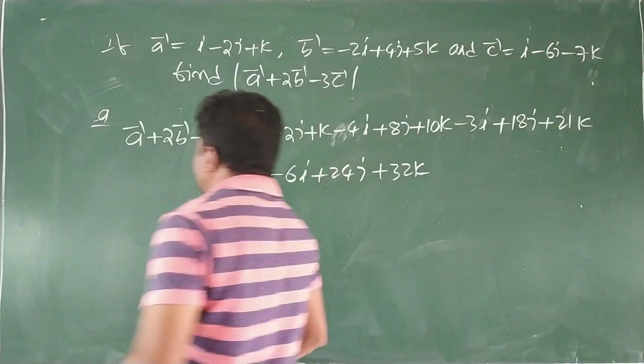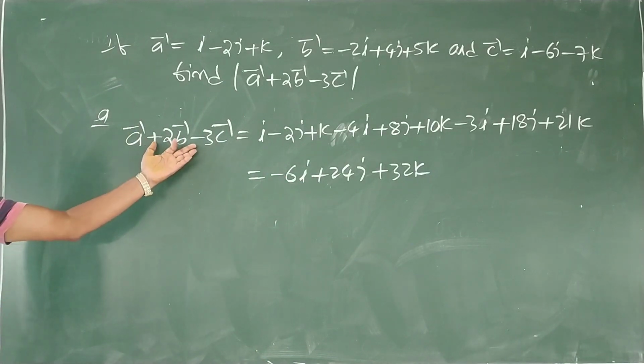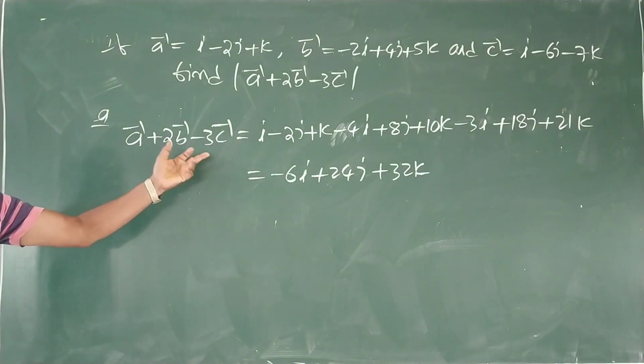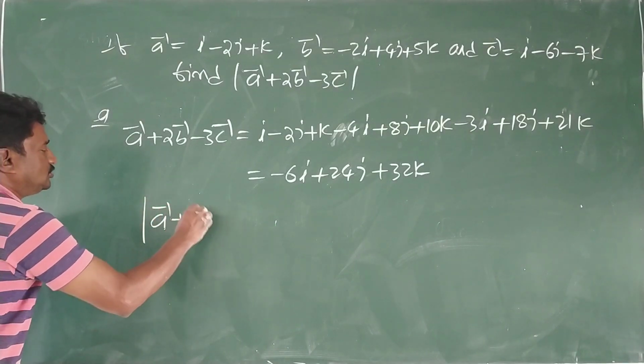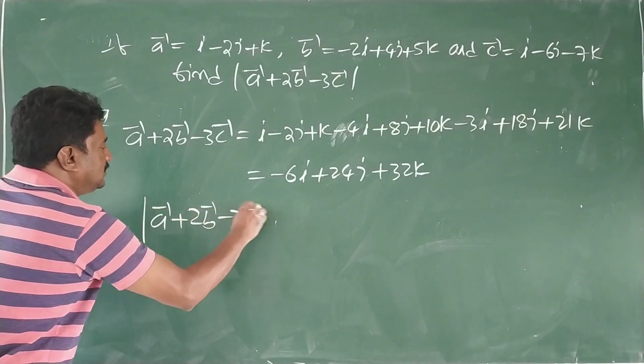Length required. We found A plus 2B minus 3C. Now calculate its magnitude.